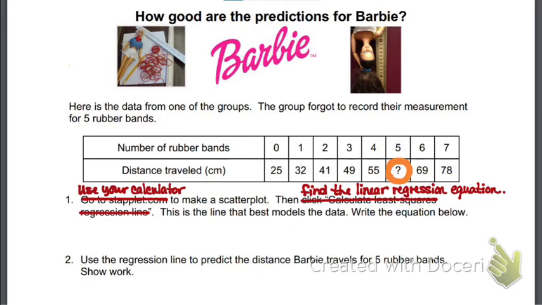I want you guys to use your calculators and make a scatter plot for this. Do you guys remember how to use the graphing calculators to make a scatter plot? Stat and edit. You're going to put the information in those 2 lists, list 1 and list 2. You should have that little calculator cheat sheet if you need to remember how to do that. Remember to clear out a list.